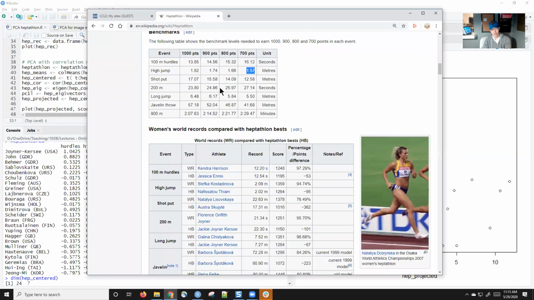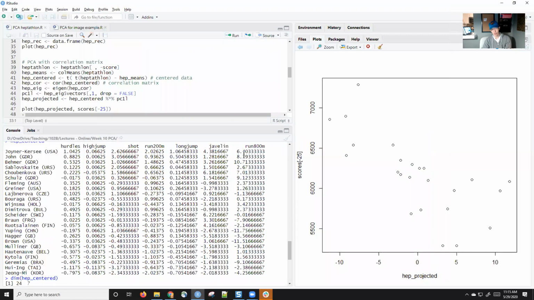If you look at the scoring system, the difference between like 800 points and 1,000 points is, like, 0.16. It's a very small number. Whereas if you're looking at something like the 800 meters, the difference between 800 points and 1,000 points is closer to like 15 seconds. It's a bigger number.